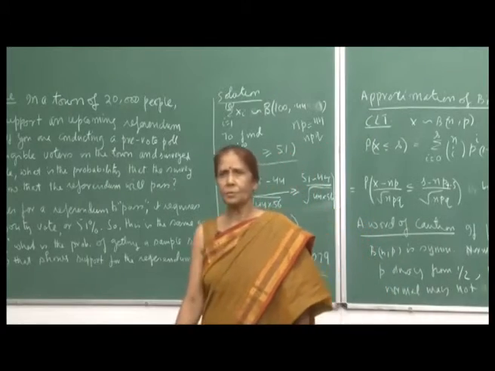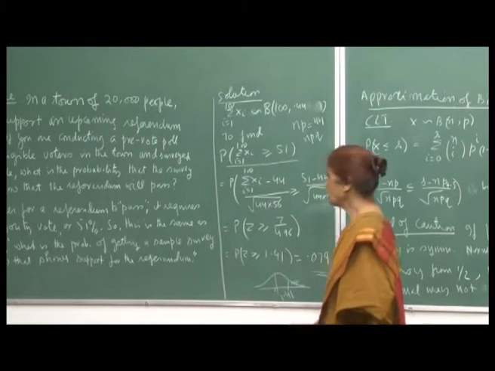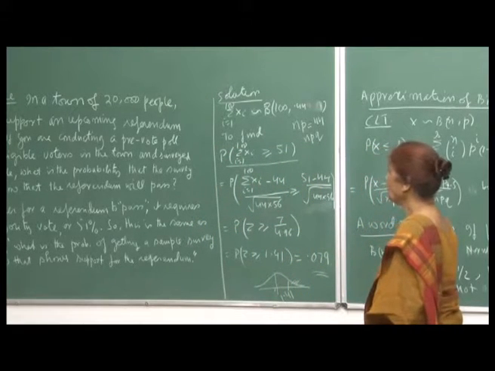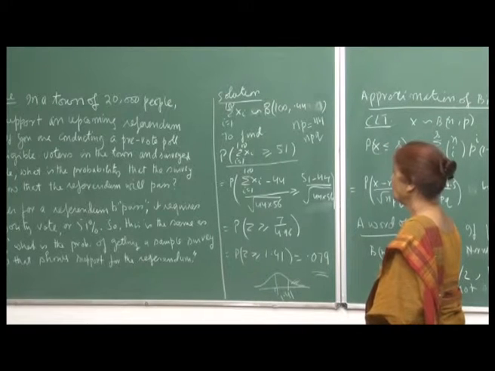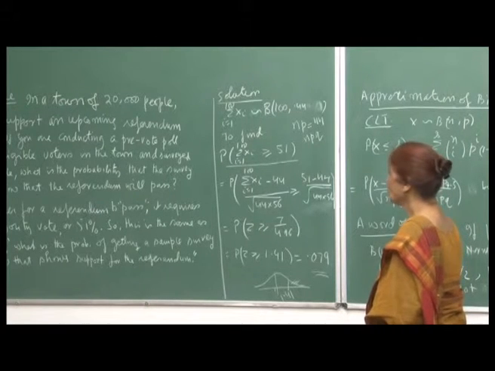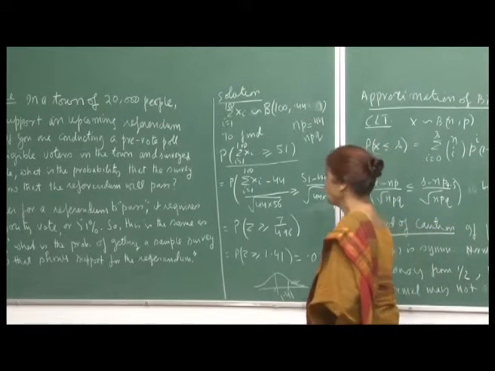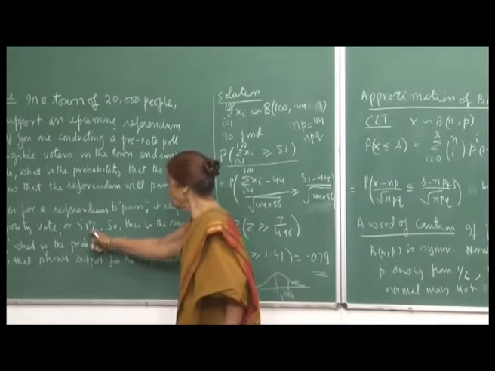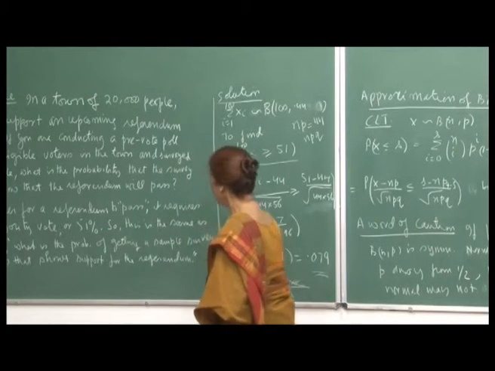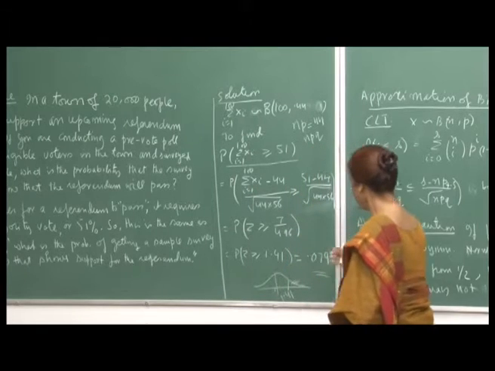The population in the town is 20,000 and you are only surveying 100 people, and you know that there is 44% support for the upcoming referendum. So, the probability of 51% or more supporting the referendum is small, and that is reflected here.